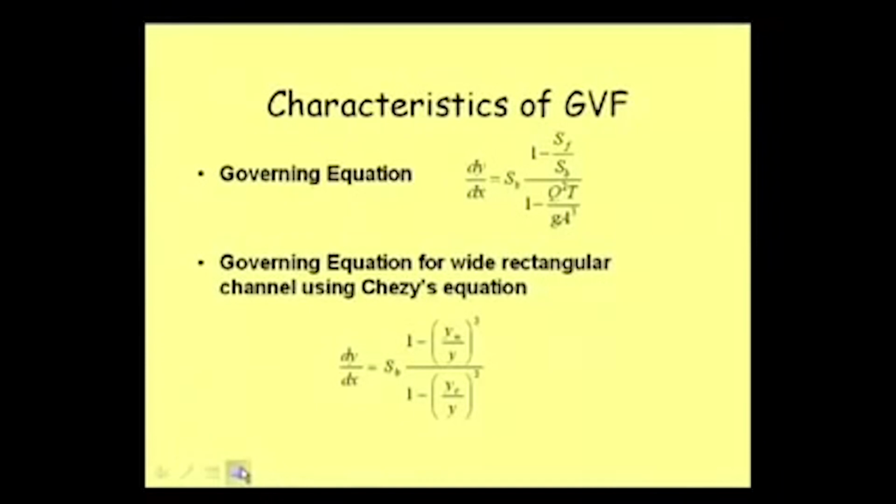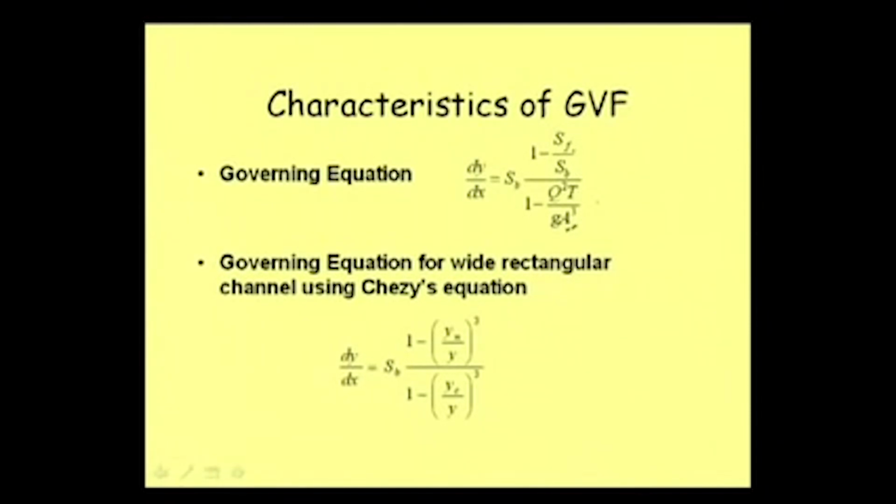You can concentrate on the slide. We have derived the governing equation already. That governing equation, dy/dx, can be expressed in this form: Sb, then 1 minus Sf by Sb, then 1 minus Q squared T by g A cubed. So, this way we could derive the governing equation.